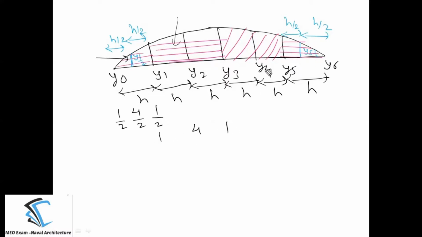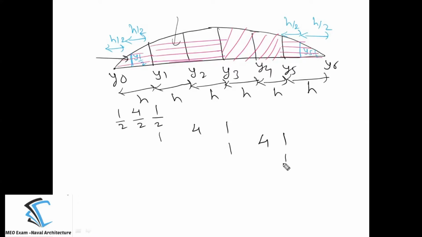Now coming to region number 3, y3 is common between region number 2 and region number 3. The Simpson's multiplier is also the same, 1, 4, 1. Now coming to region number 4, here you can see we have half ordinates, half intervals. y5 is common between region number 3 and region number 4.